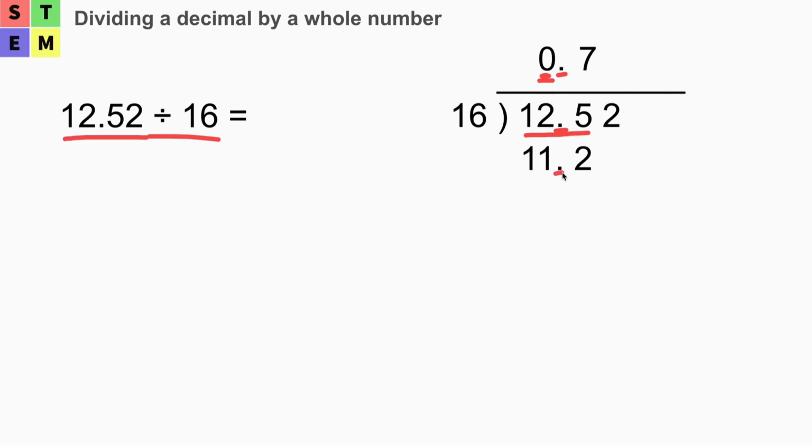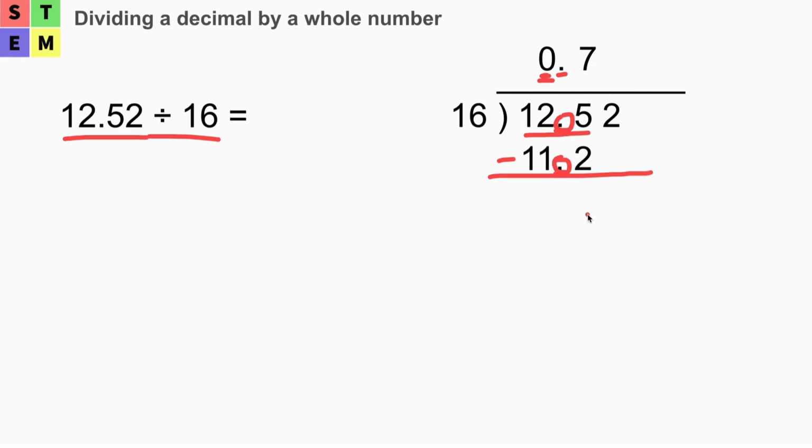I'm adding the decimal so that we can calculate. You can always ignore the decimal here while doing the division calculation, okay?